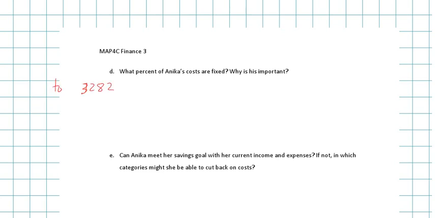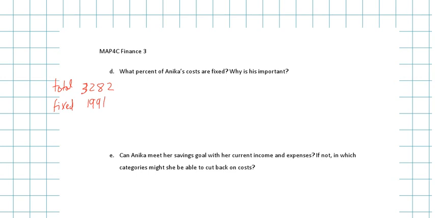Multiply what by 100? What do I have to do first? I want to know the ratio. Divide the fixed by the total. That's right.